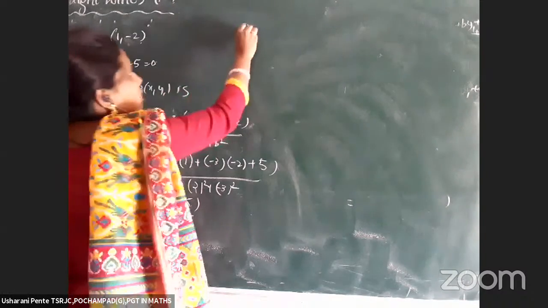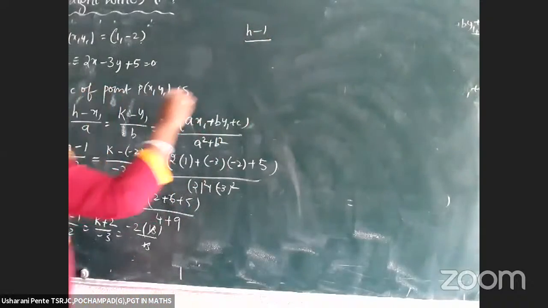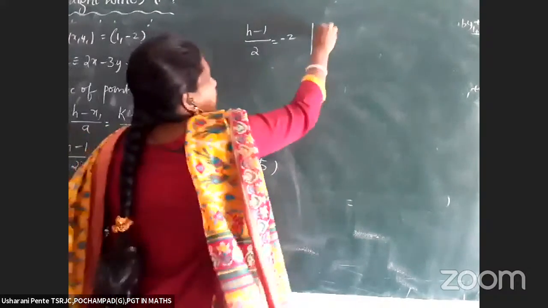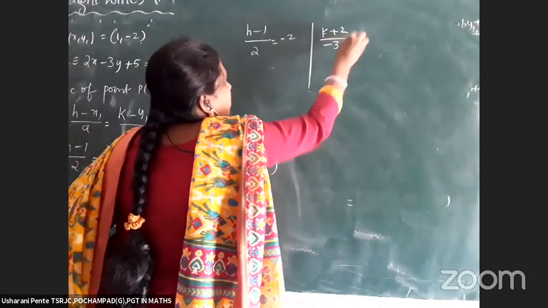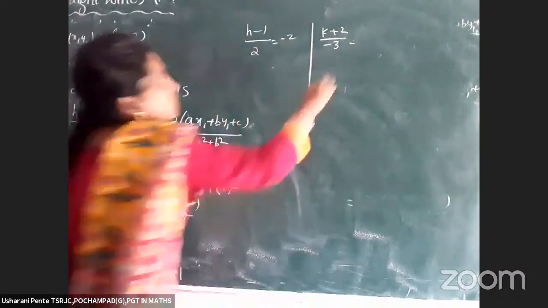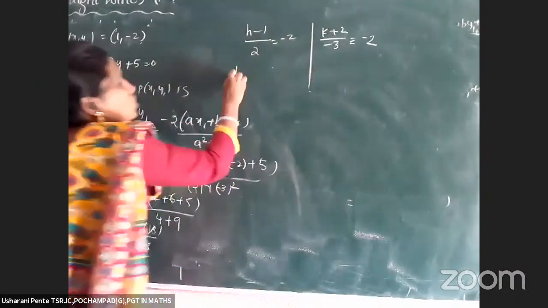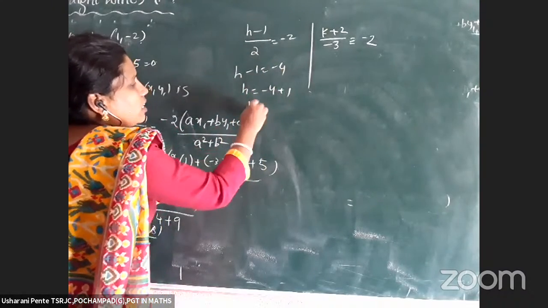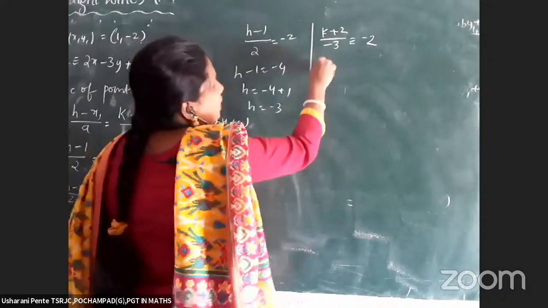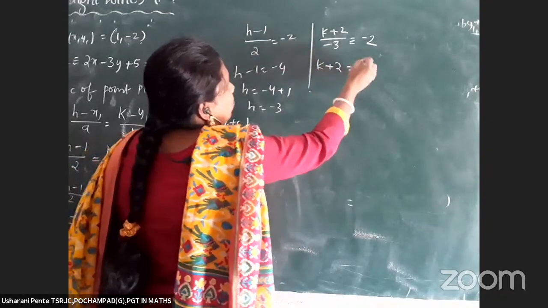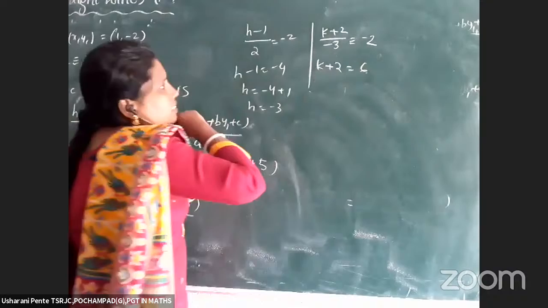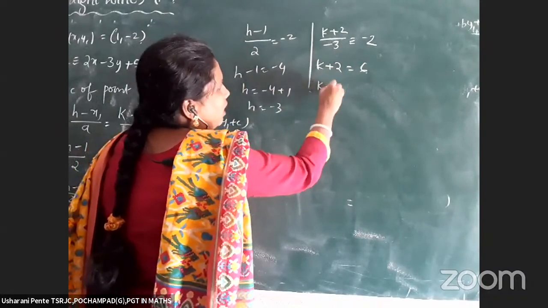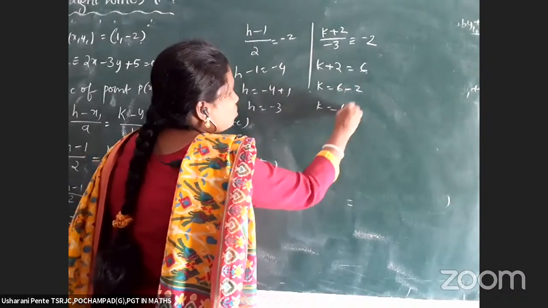Therefore, equating (h − 1)/2 = −2 and (k + 2)/(−3) = −2. So h − 1 = −4, h = −4 + 1, h = −3. And k + 2 = −2 × −3 = 6, since minus of minus becomes plus. So k = 6 − 2, k = 4.